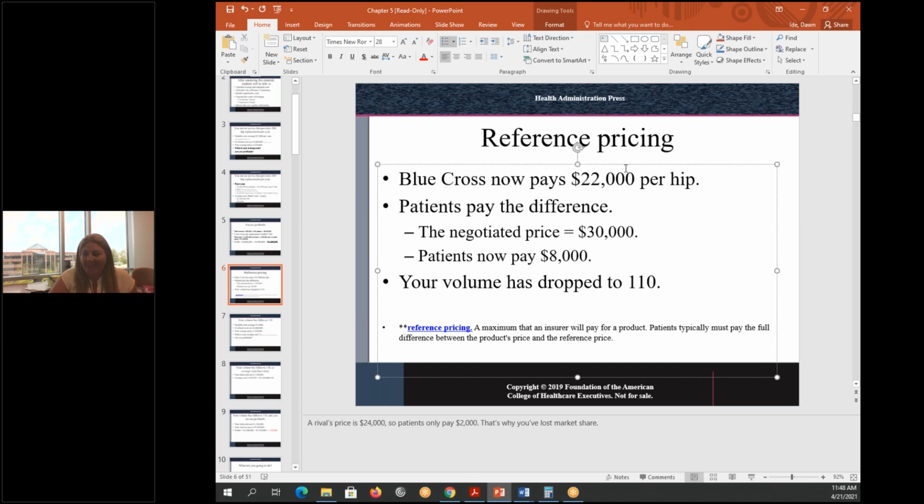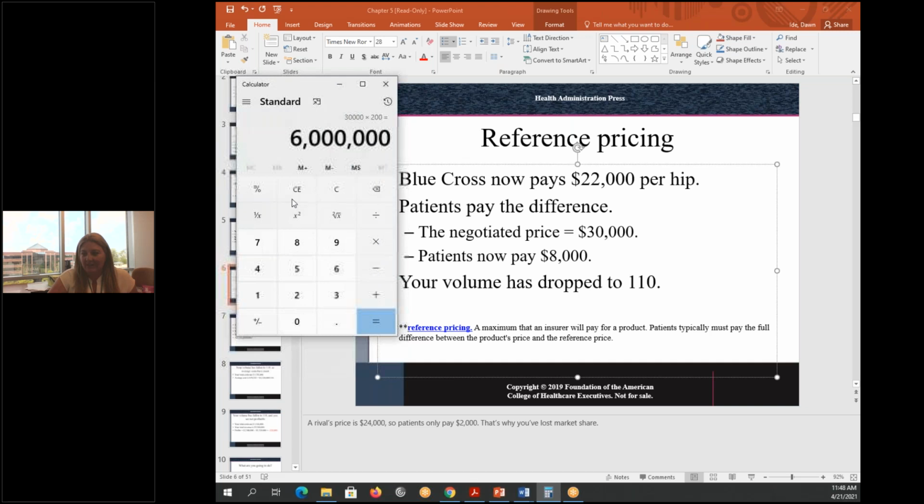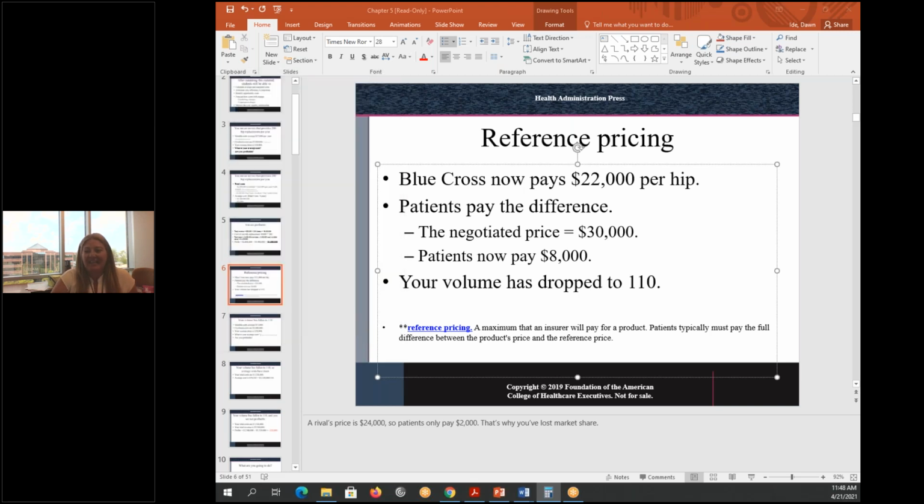Well, 30,000 minus 22,000, and this is really just for a visual here, because you guys could do quick math in your head, leaves us with $8,000 left over. Who's going to pay the $8,000? The patient. If they allow balanced billing, that would be put on the patient's bill. All right.